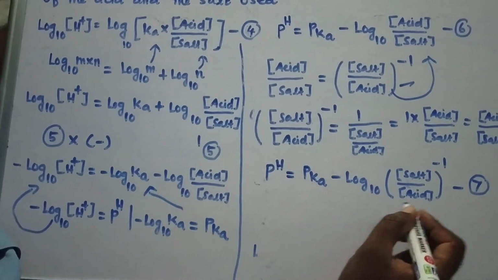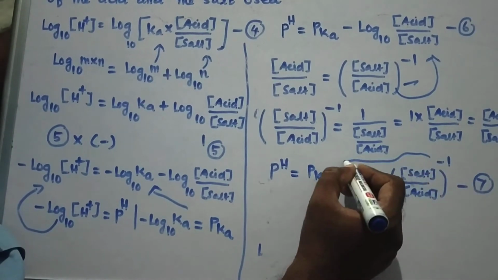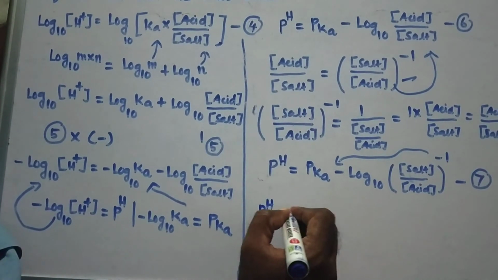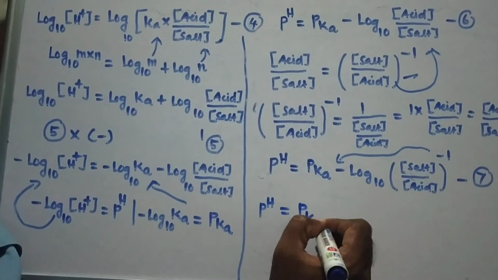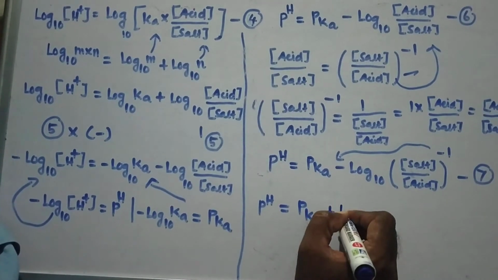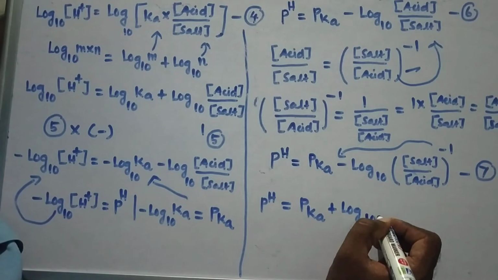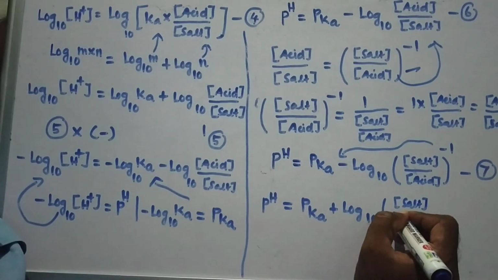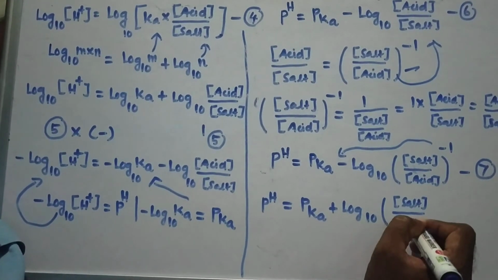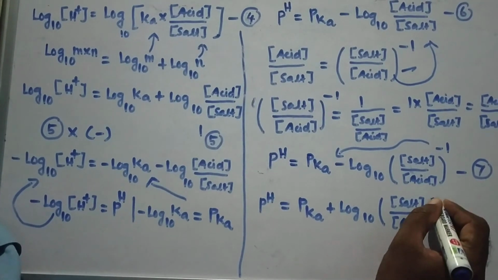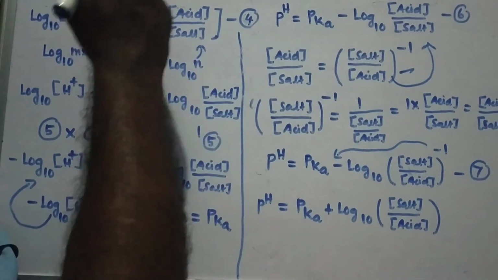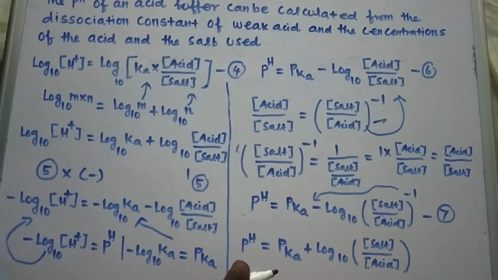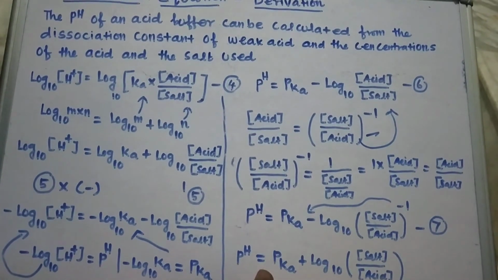So in equation 7, the negative power comes out of the log, therefore it becomes pH is equal to pKa plus log base 10 concentration of the salt divided by the concentration of the acid. So this is the famous Henderson equation. By using this equation we can find out the pH of any acidic buffer easily.